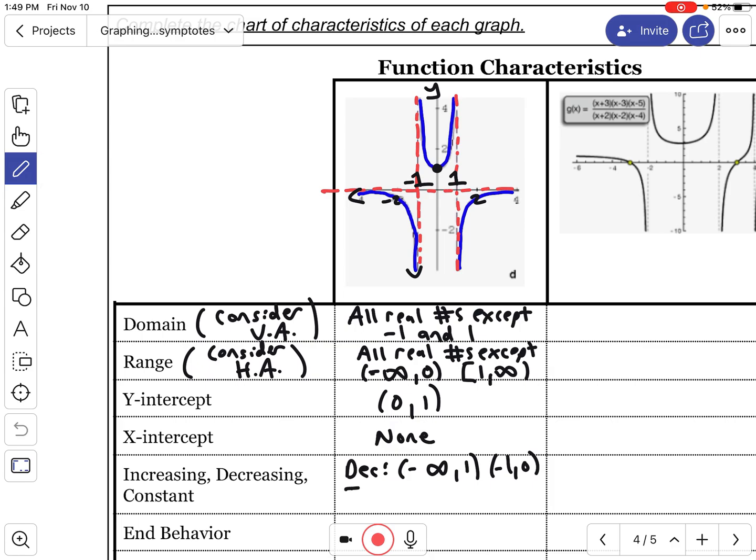So we could break that up as well. So from 0 to 1, it is increasing, and also from 1 on the right side of this vertical asymptote to positive infinity, it's going up.